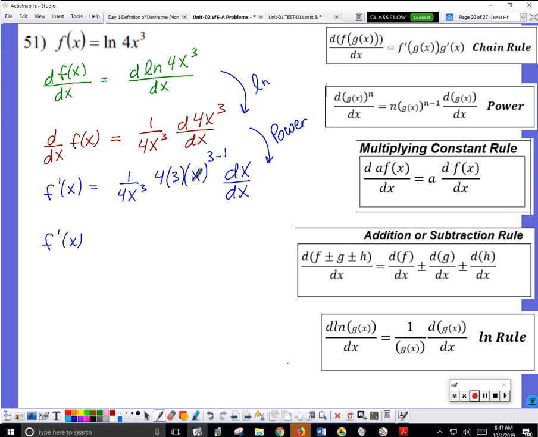So here's a situation where the numerator is factored and the denominator is factored. We can divide factors. This 4 can divide with this 4, and this x squared can divide with this x cubed. All you're left with is 3 on the top, x on the bottom.